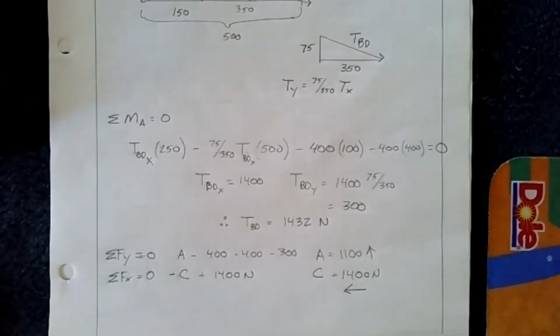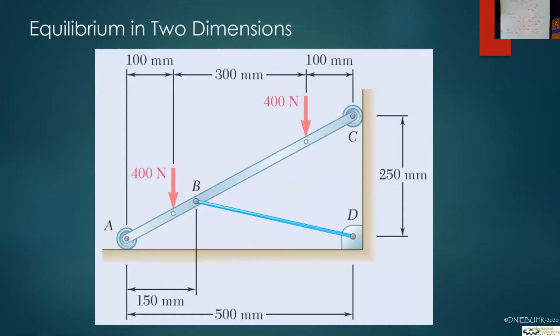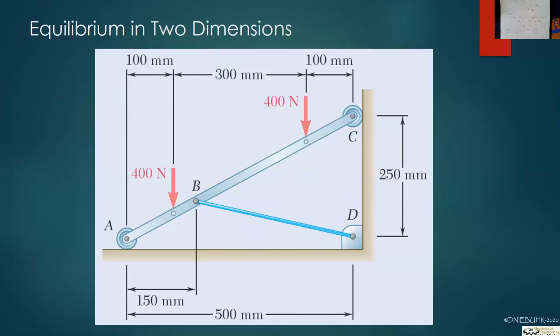Okay, so hopefully that made sense. And there's the drawing of it big. Just a real quick comment, as you're looking at this diagram after I've gone through that: you can see the upper corner is where I took the moment, the 400 newtons times 100 millimeters, the other 400 times 400 millimeters, respectively.